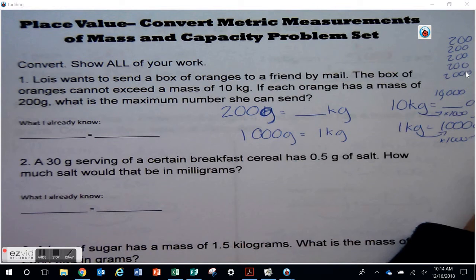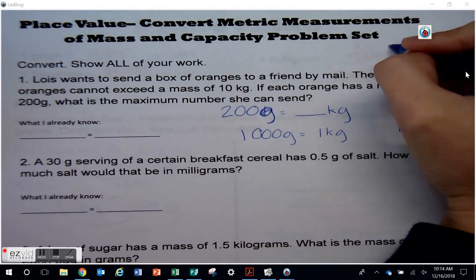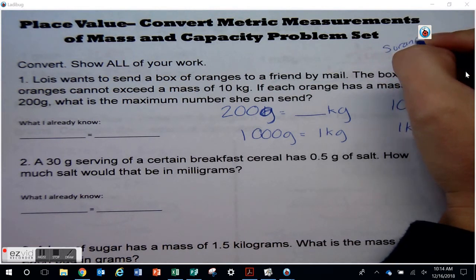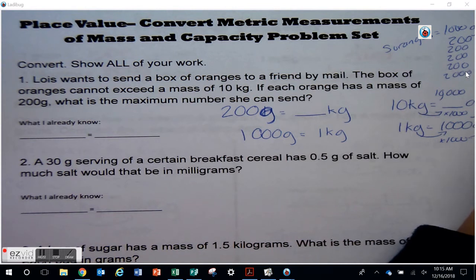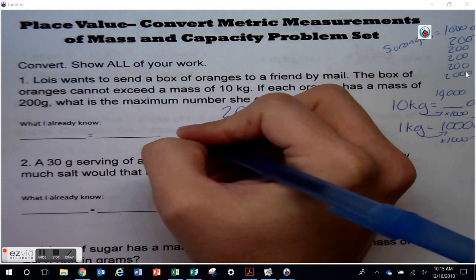How many oranges could we fit? Let's see, I have 1, 2, 3, 4, 5 to equal 1,000. 5 oranges equals 1,000 grams. And I can fit up to 10,000 grams in there. So that means I can have 10 groups of that, which would be 50 oranges.